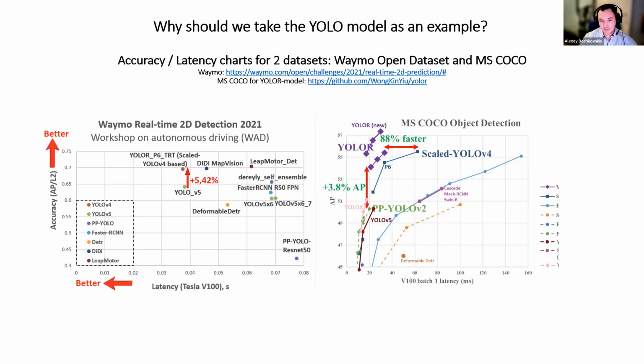And they are much better than many other computer vision object detection models like YOLOX, YOLOv5, PP-YOLOv2, or even better than transformer-based neural networks like Mask R-CNN with Swin-Base and Deformable DETR.